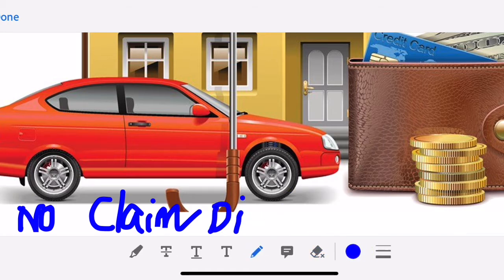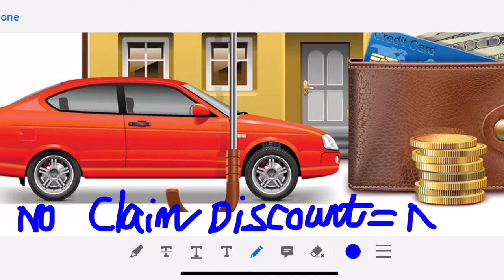So we have NCD, which is no claim discount. For the no claim discount clause, it means that if there is no claim made against the policy within the period of coverage before the policy renewal is made.